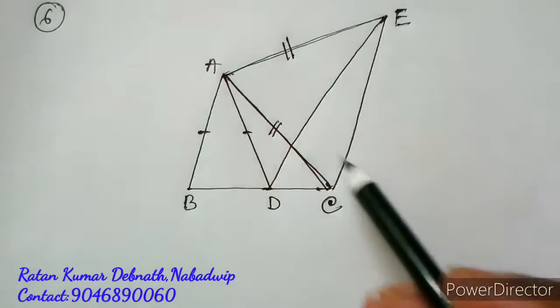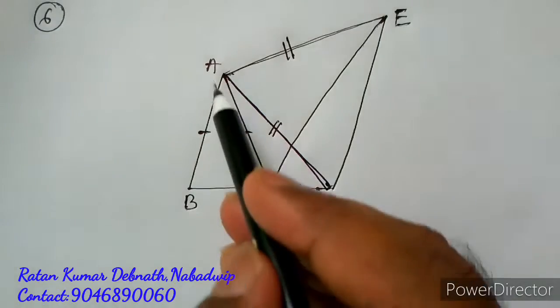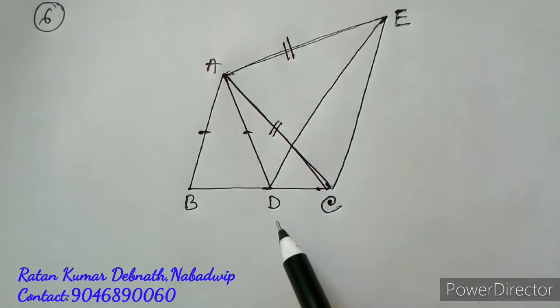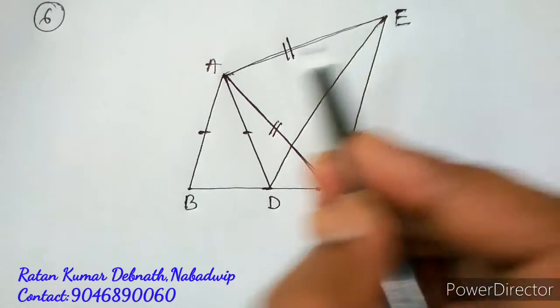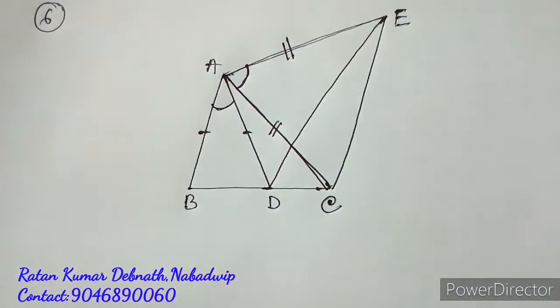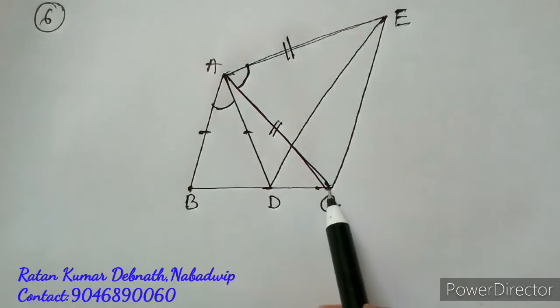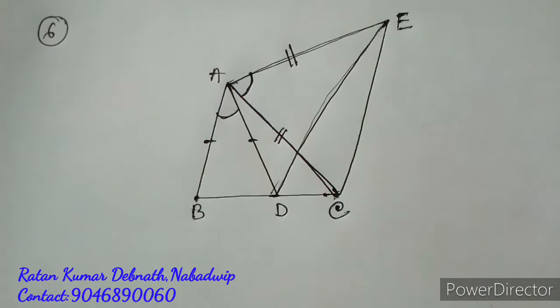Here AC equal to AE given and AB equal to AD given, and angle BAD equal to angle EAC, that is this angle equal to this angle. We have to show that BC means this side equals to DE.